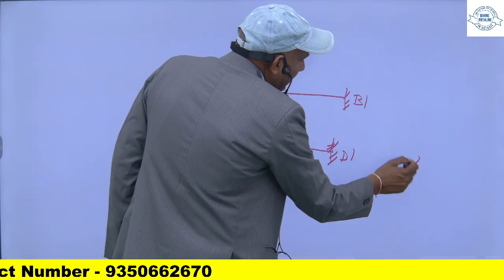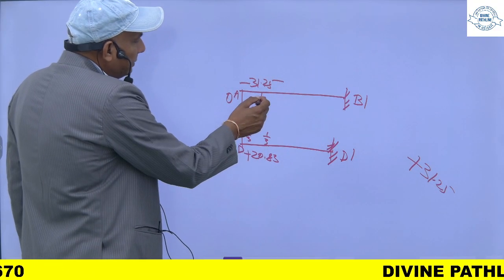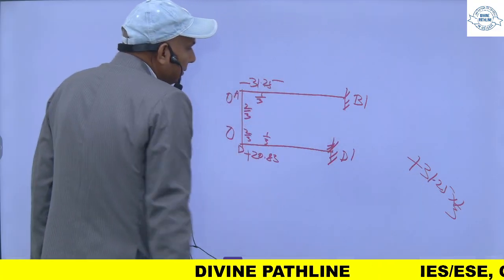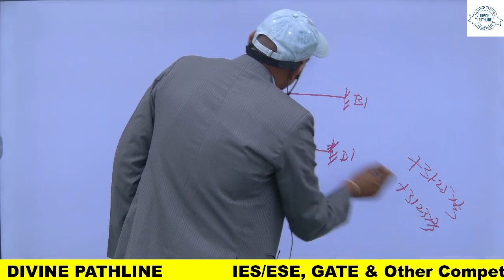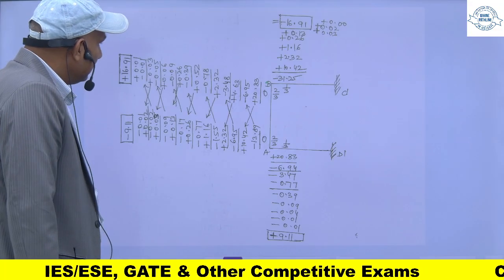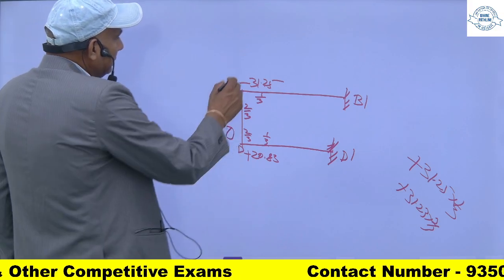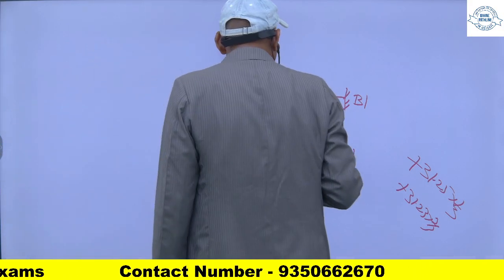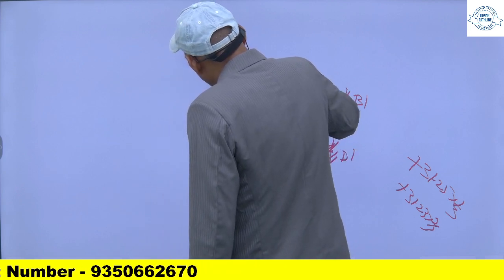So this is minus 31.25. I will apply a correcting moment of plus 31.25, and that will be distributed by multiplying by 1 by 3 for this one, then 2 by 3 for this one. When I multiply by 1 by 3, I will get 10.42, and this will be 20.83.